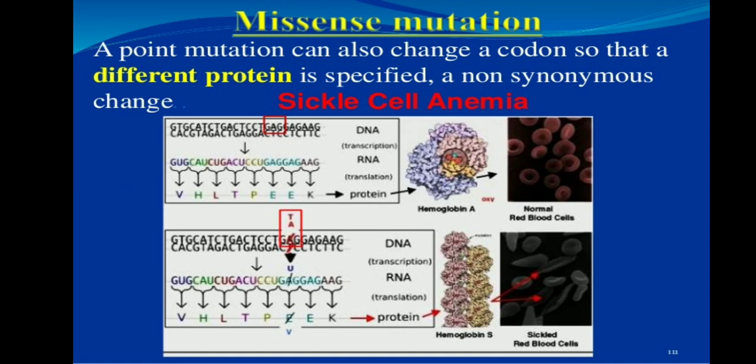That is called a missense mutation. This point mutation can change a codon so that a different protein is specified, a non-synonymous change. Sickle cell anemia is a good example of this. The single change in the nucleotide is responsible for this severe change in the structure of hemoglobin, and thus for the change in the structure of red blood cells also.